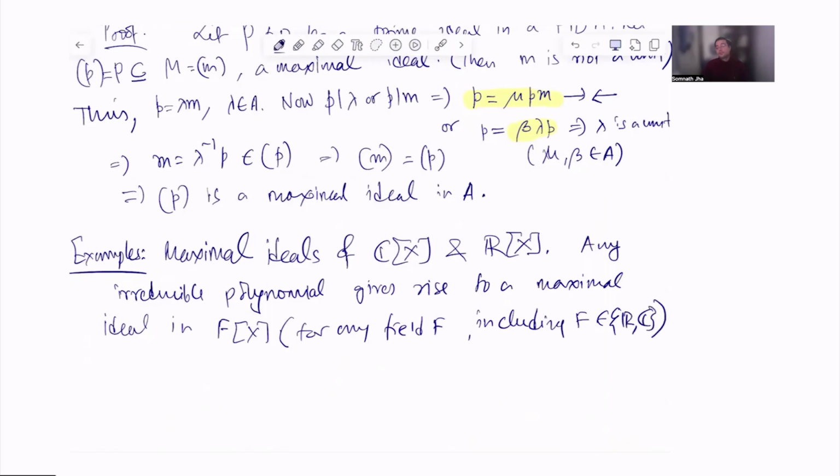This is true. And it's vice versa, because if you have a maximal ideal, then that is generated by a single element. So it's generated by one polynomial, right?